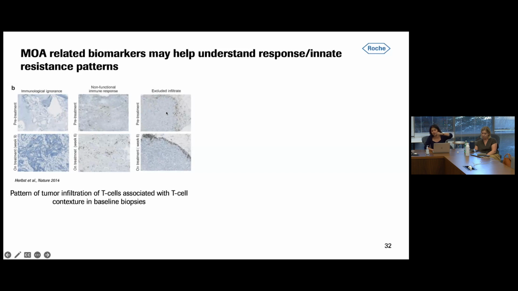And when you treat these patients with atezolizumab, you can see more T cells in this instance here, but they're still stuck in the periphery. They're not entering the tumor, and those patients didn't respond to the drug.